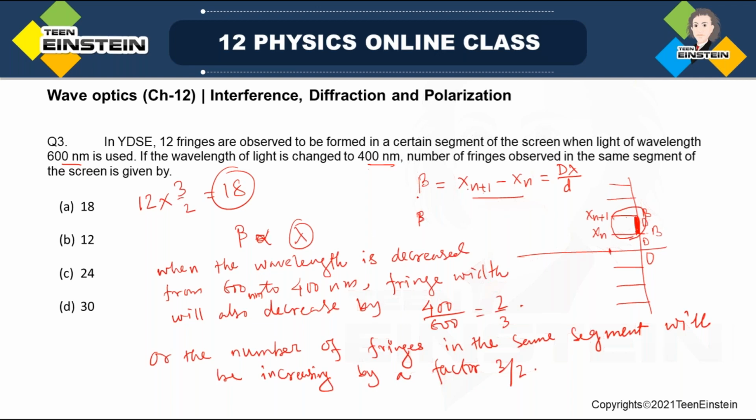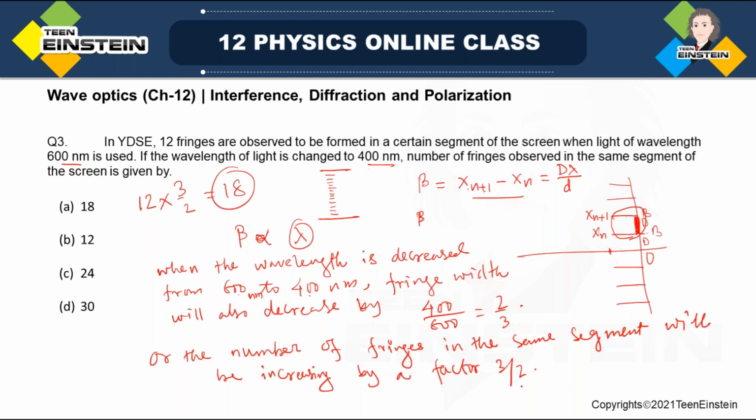So beta, the fringe width, is directly proportional to the wavelength used. When the wavelength decreases, the fringe width also decreases. In the same segment, if the fringe width decreases, then more fringes will be accommodated, right? That is very common sense. If the fringe width decreased by this factor, then the number of fringes will increase by the reciprocal, the 3 by 2 factor.